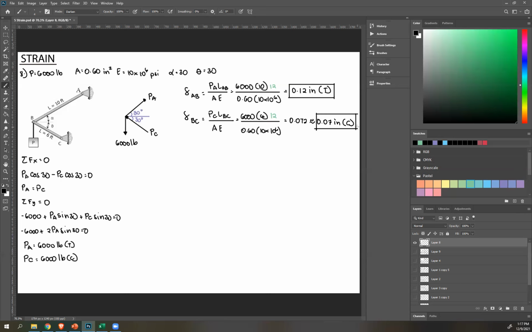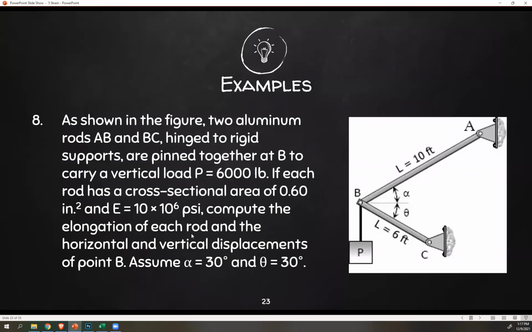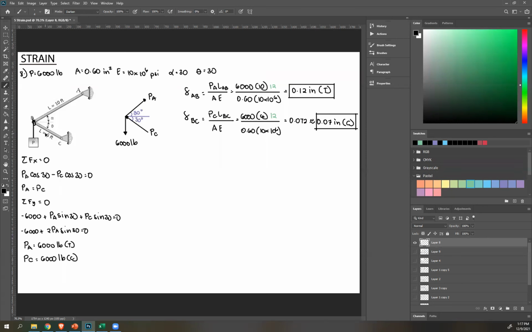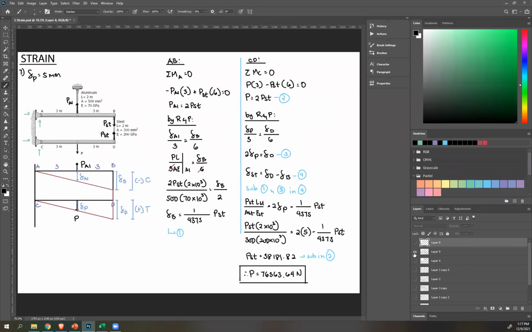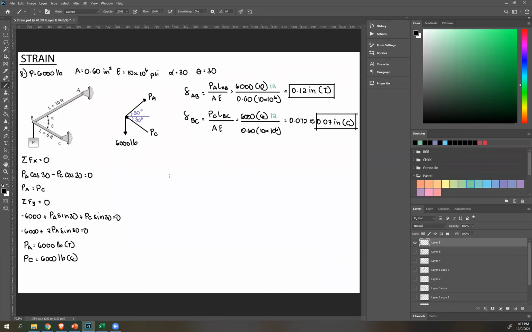Now the second part is a bit more challenging. Okay, so the question for the second part is to find the horizontal and vertical displacement of point B. Like what happened earlier where we have these points, and because of an applied load, it moved a new way. Same thing will happen here.